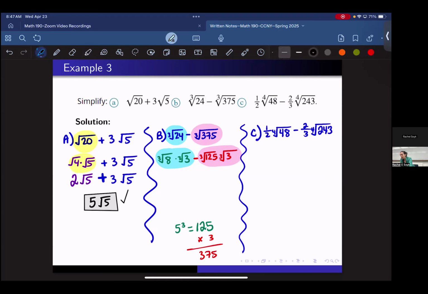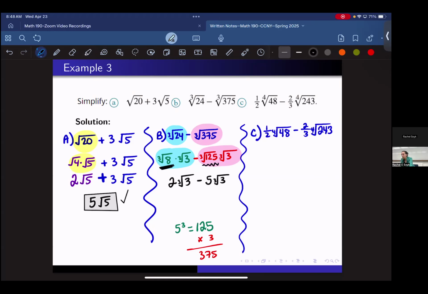Now let's simplify this. The cube root of 8 gives you 2. Yeah, nice job, Chris. And what's the cube root of 125? It's just 5, right? 5 times 5 times 5 gives you 125.